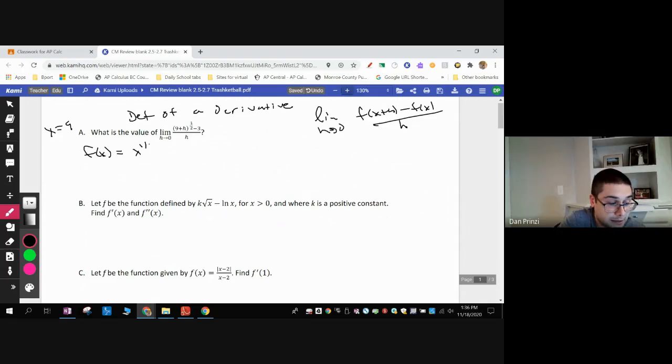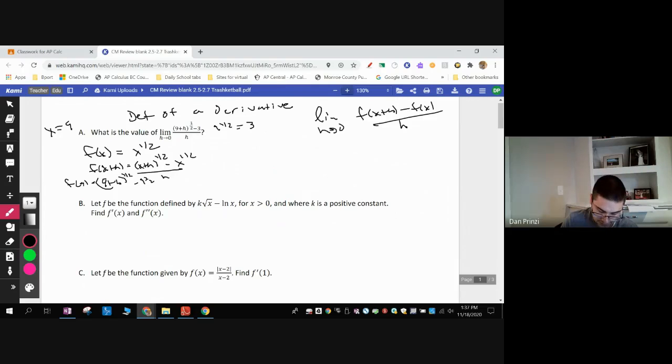Well, no. I'll show you why. Wouldn't it just be x to the 1/2? Because if you did this out at 9, f of x plus h would be x plus h to the 1/2, right? Minus x to the 1/2 all over h. So if you plugged in 9, you'd have 9 plus h to the 1/2 minus 9 to the 1/2. Isn't 9 to the 1/2 equal to 3?